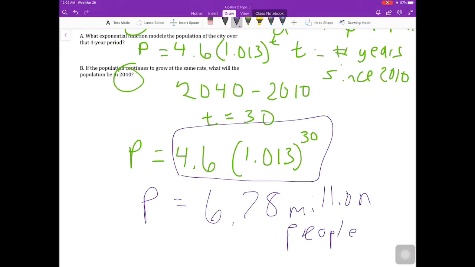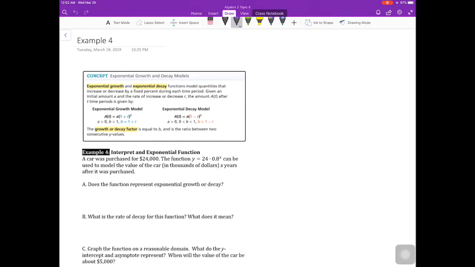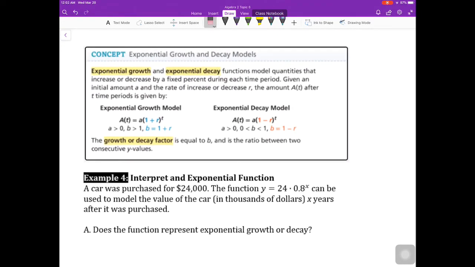So there's your first little application problem. Now let's look at exponential growth and decay in terms of a percentage. And when you're looking at your decay factor and your growth factor, that's equal to B, which is also your ratio between two values.